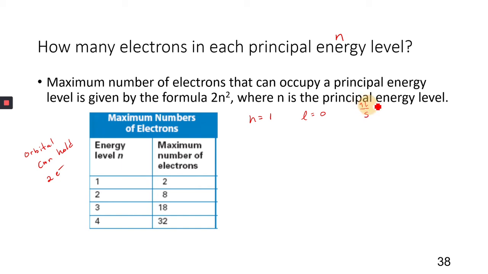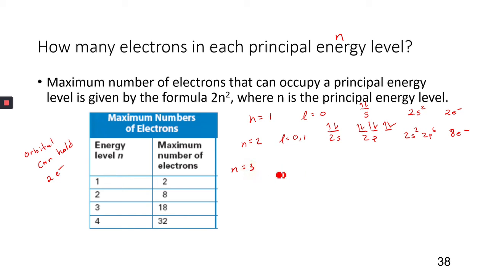So when n equals 1, you have 2 electrons. When n equals 2, L could be 0 or 1. So you have a 2s and a 2p. Remember, p has 3 orbitals. Each orbital can hold 2 electrons. So here you have your 2s2 and your 2p6. That holds, when you add these together, 2 plus 6, 8 electrons.